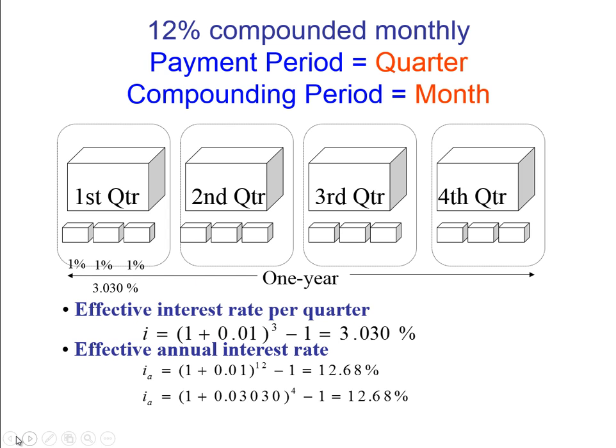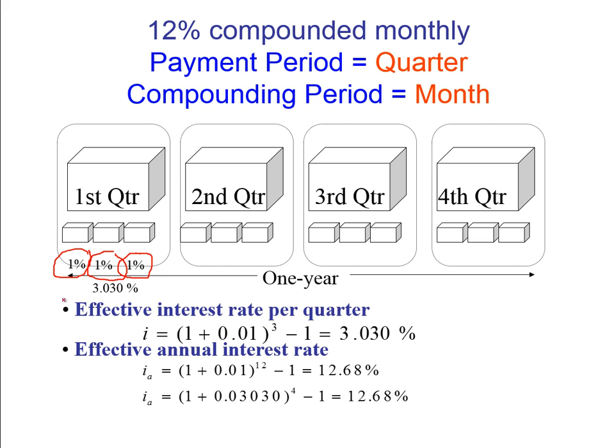So again, if you look at that, you can see that we have 1 interest period, 2 interest periods, 3 interest periods, and we don't add them. We don't add like 1 plus 1 plus 1 is equal to 3.